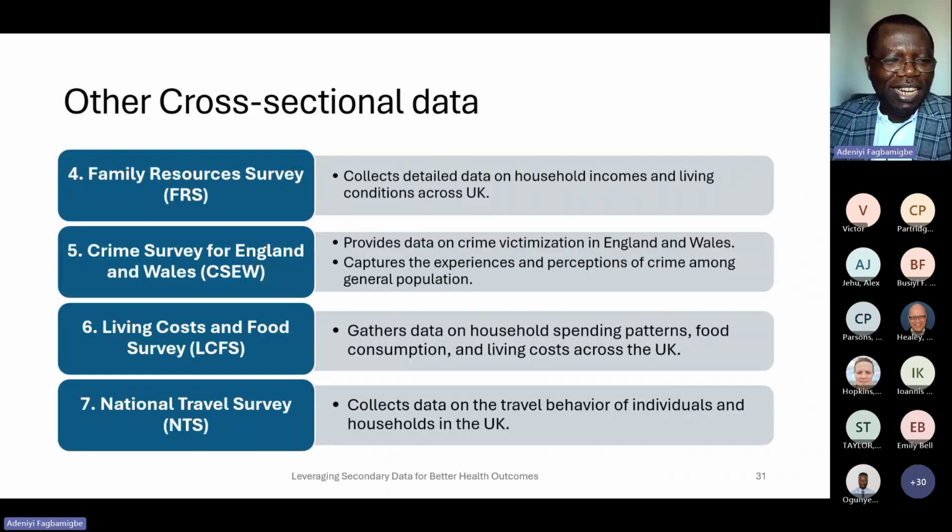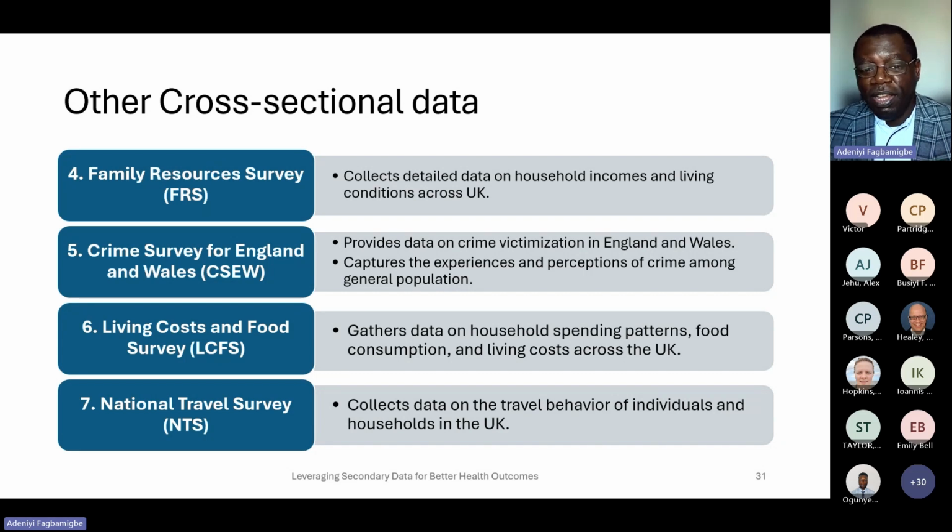Yeah, because there are so many of them. So many types of cross-sectional data. Even within the UK, we have the Family Resources Survey, we have the Crime Survey for England and Wales, we have the Living Costs and Food Survey, and we have the National Travel Survey.